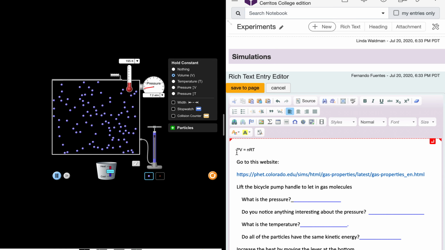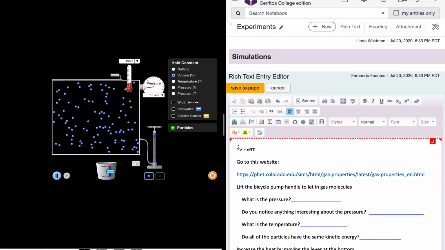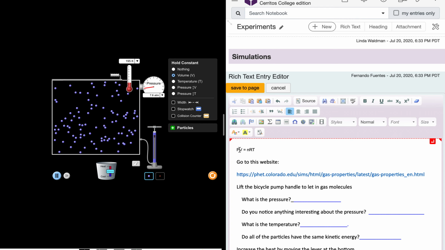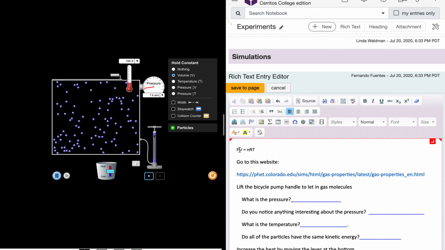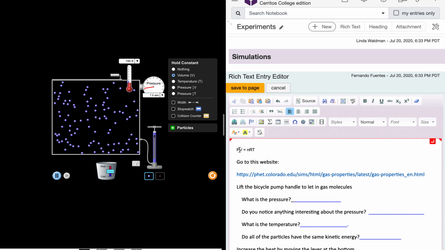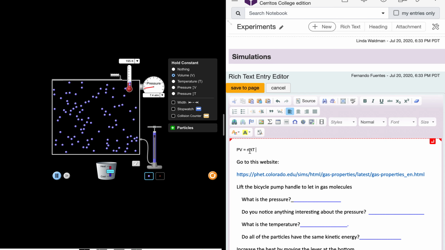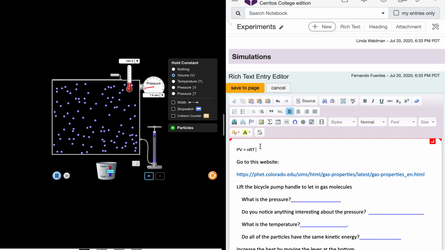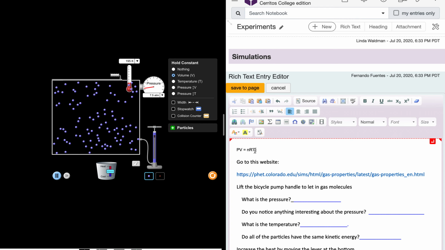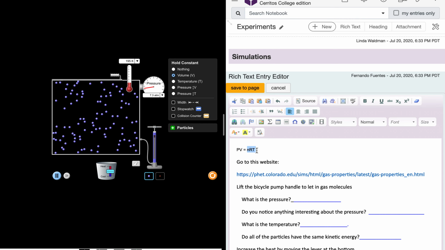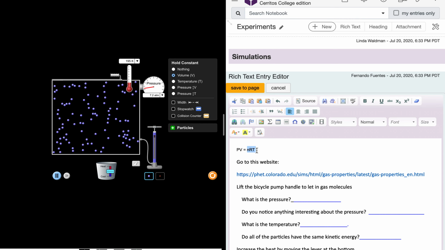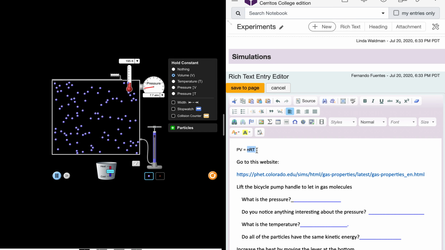So for example, P and V are on the same side of the equation, so they are gonna be inversely proportional, which is if I increase P, V is gonna decrease. Same thing with n and T, which is number of moles and temperature. They are on the same right side of your equation. So their relationship should be inversely proportional, which is if one increases, the other one has to decrease.